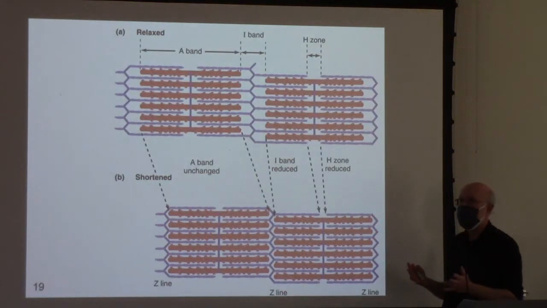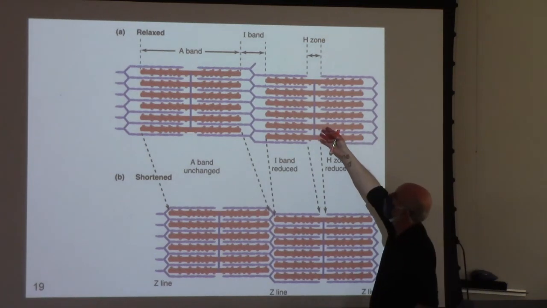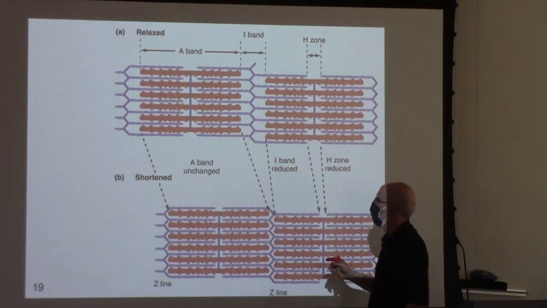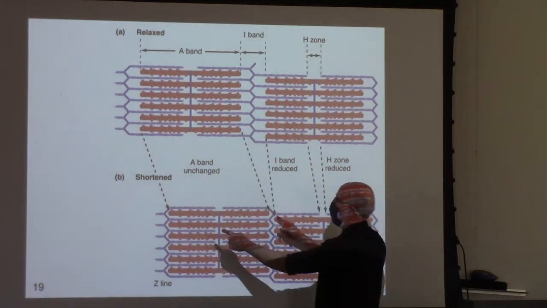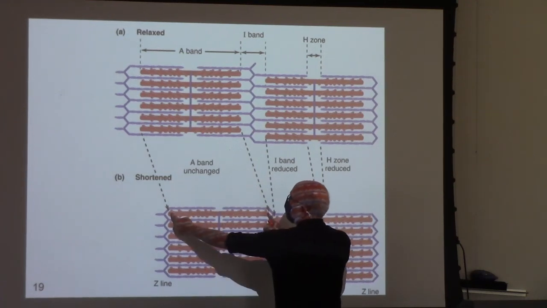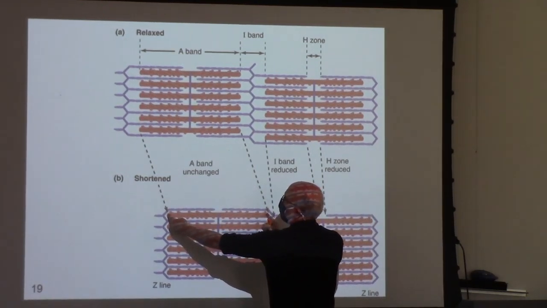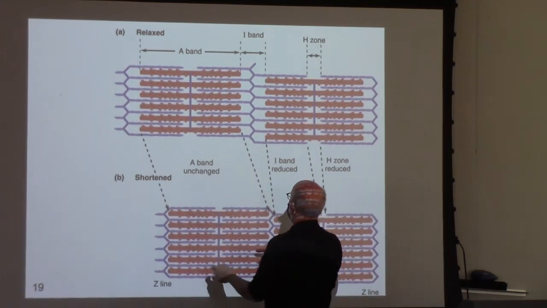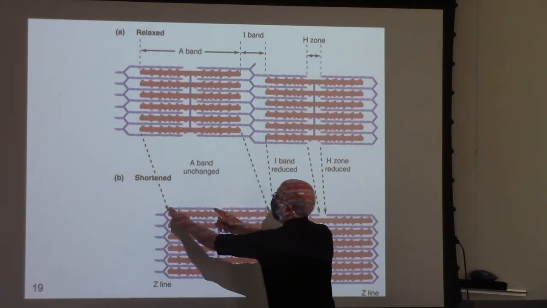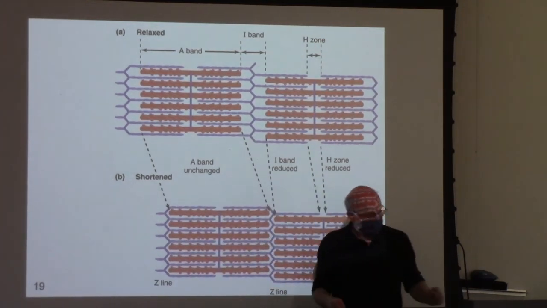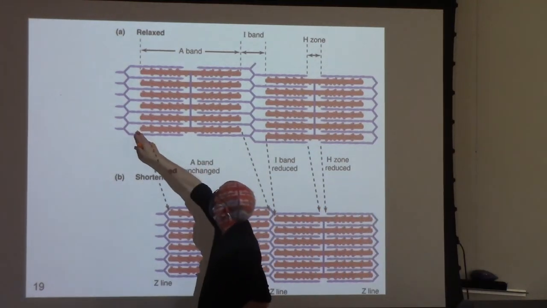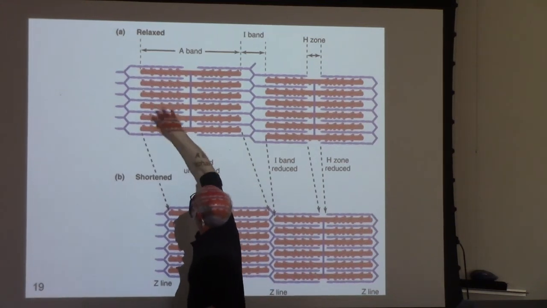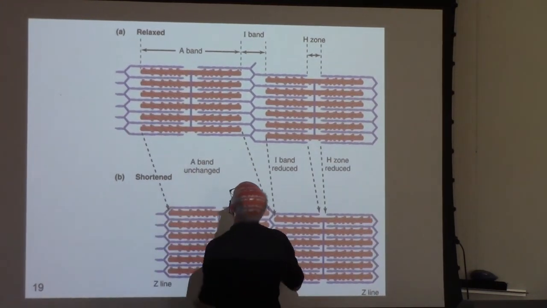And here's a cartoon that shows the contraction. Here is the relaxed muscle, and here is the contracted muscle. What has gotten shorter? Length of myosin? No. The length of the myosin thick filament has not gotten shorter, so the A band has not gotten shorter. The thin filaments have not gotten shorter, but what has gotten shorter is the region at which there was no overlap, because these thick filaments have pulled this Z disc this way.